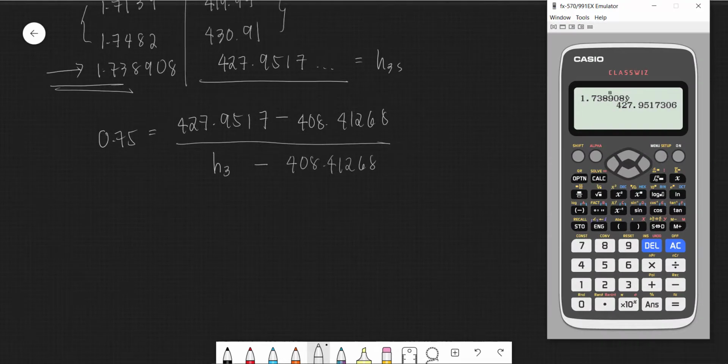Let's use our calculator. Remember the technique, shift solve. Press shift, hit solve, and then input a relatively larger number. So let's say it should be larger than 427, so about 440. And it will give you an answer of H3 equal to 434.46.